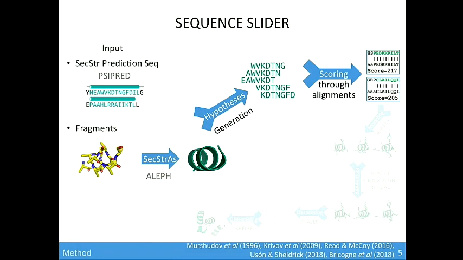In this case, we have a lot more possibilities, so we reduce them by seeing how those hypotheses are being fitted into this fragment. We filter those hypotheses and send them again to modeling, refinement, and density modification.